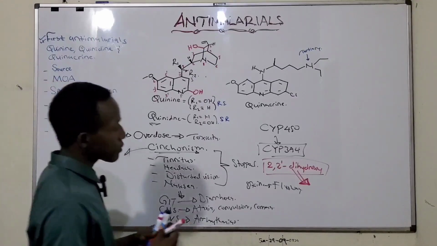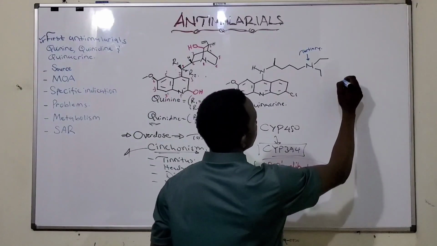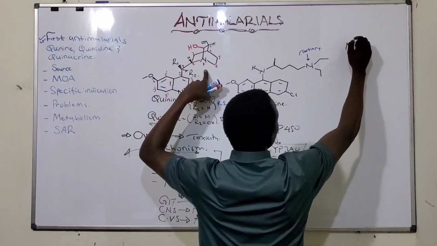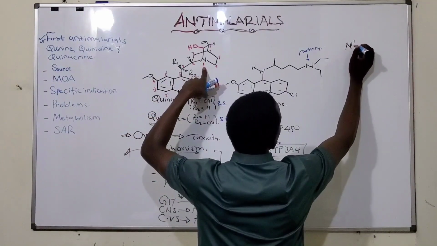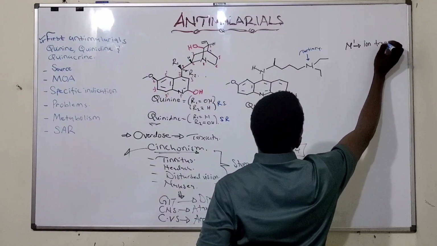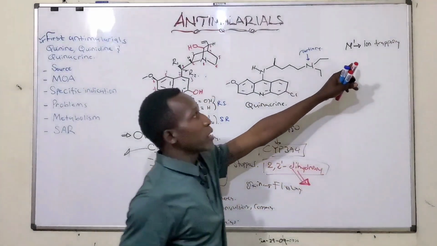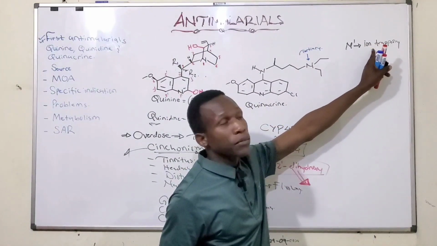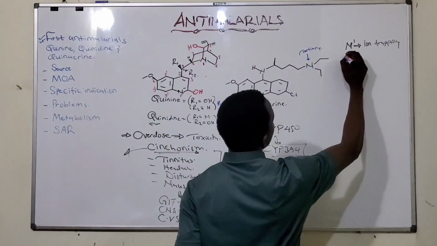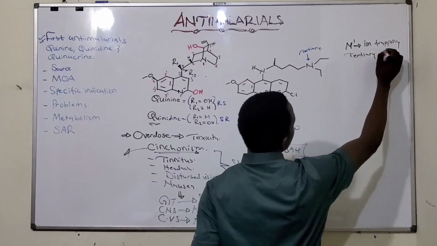For the SAR, we are going to begin with this position here, position 1. We say that this nitrogen, the N1, is responsible for the ion trapping inside the food vacuole, such that the drug remains in the food vacuole and binds to the hematin, preventing its conversion to hemozoin. And it should be tertiary. And of course, if it is tertiary, it should be basic.